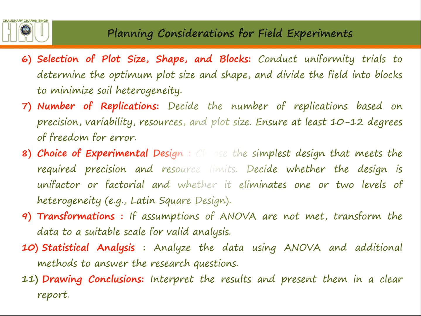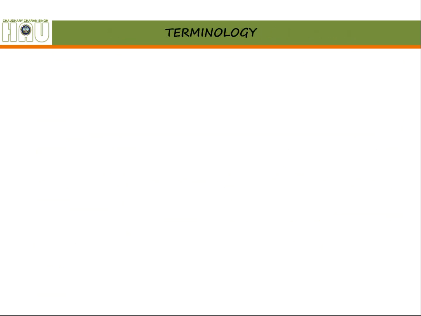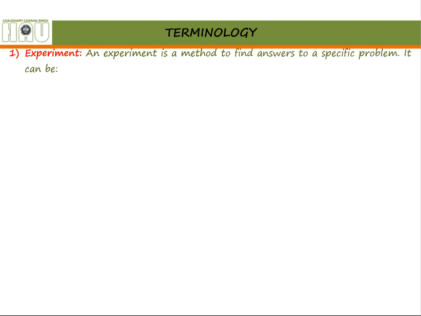Then, of course, when we study this course, statistical terminologies are used. You should be aware of these. First one is experiment. An experiment is a method to find the answer to a specific problem.